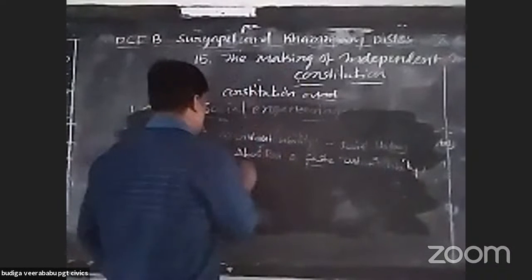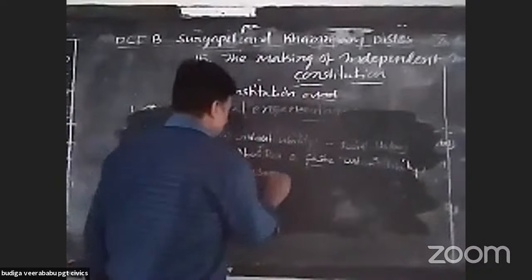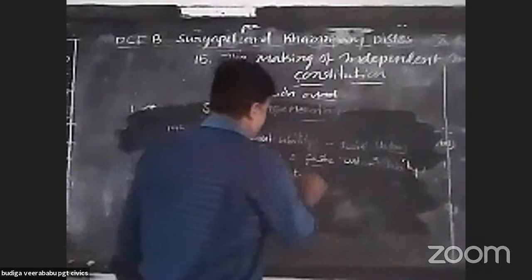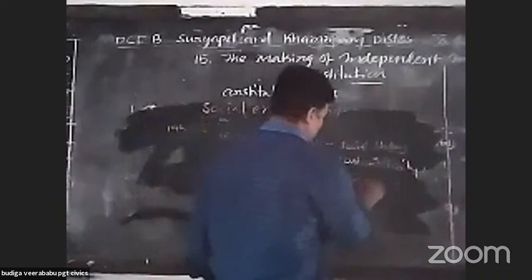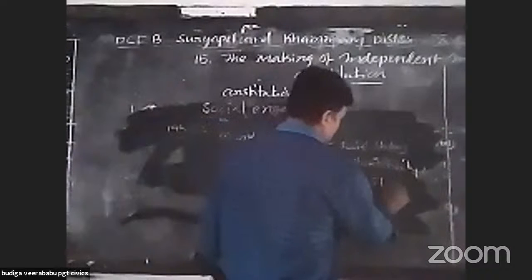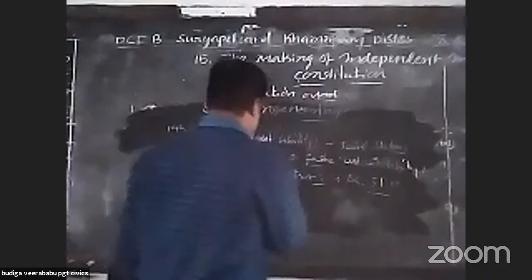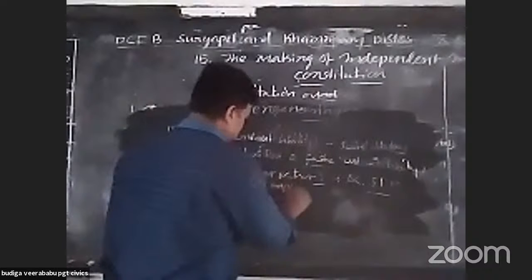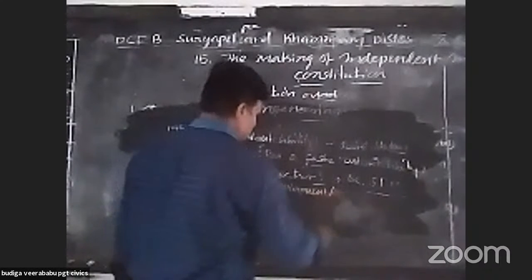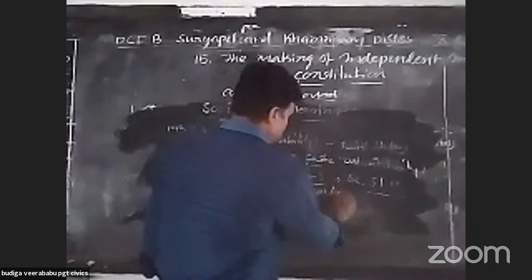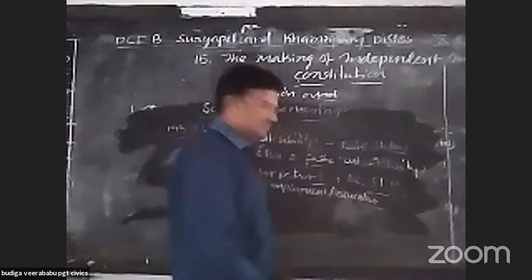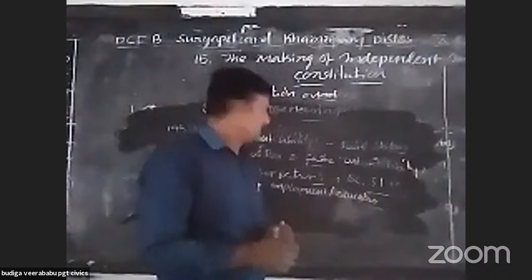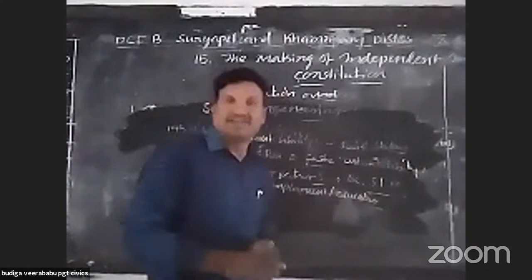And the second one, reservations for suppressed and depressed classes, for SCs and STs, in employment and in education, especially for the classes that are not developed in Indian society.